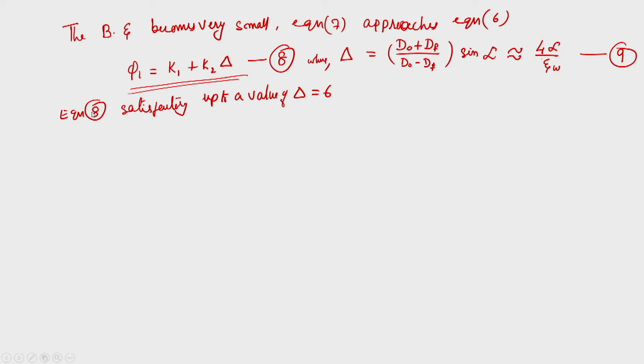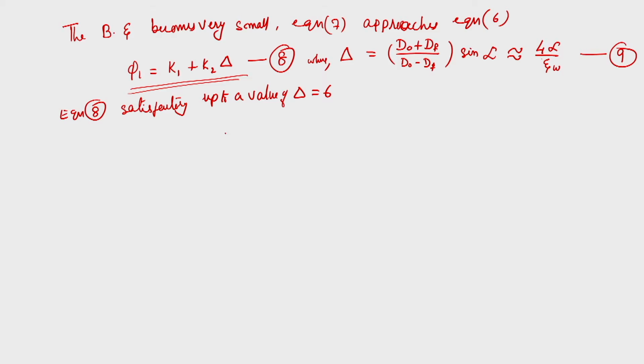But beyond that, if the delta value goes beyond that, if you recollect that one graph I have shown, which was taken from Dieter book, with up to very high values also there. But beyond that, the linearity is lost, so we will end up with a lot of errors in the prediction.